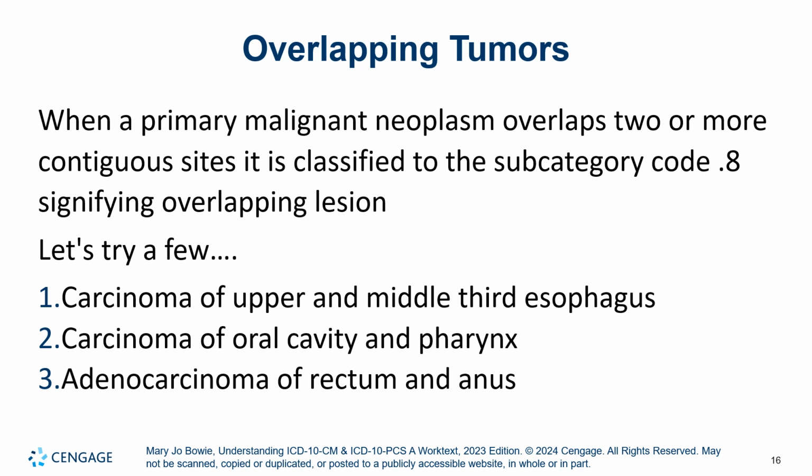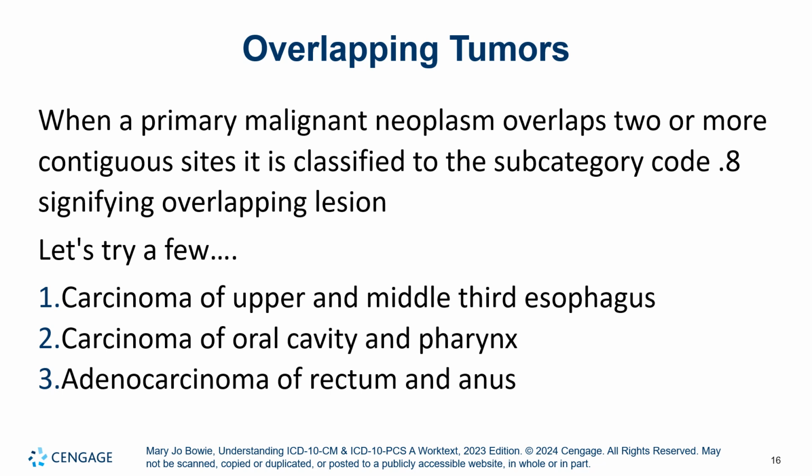When we go to the tabular for C14, you're going to see that it says malignant neoplasm of other and ill-defined sites in the lip, oral cavity, and pharynx. So that is covering both my pharynx and my oral cavity.